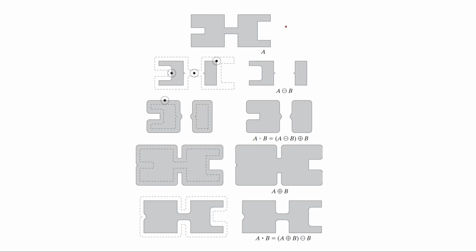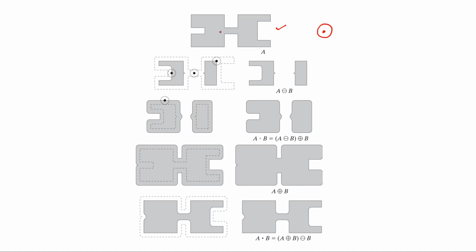So here I have an object A. This object A is part of an image. Now we will see what will happen if I do the opening and closing operation using a structuring element which has a circular shape or a disc shape. First I am indicating the erosion operation. The erosion operation will produce a result that looks like this.